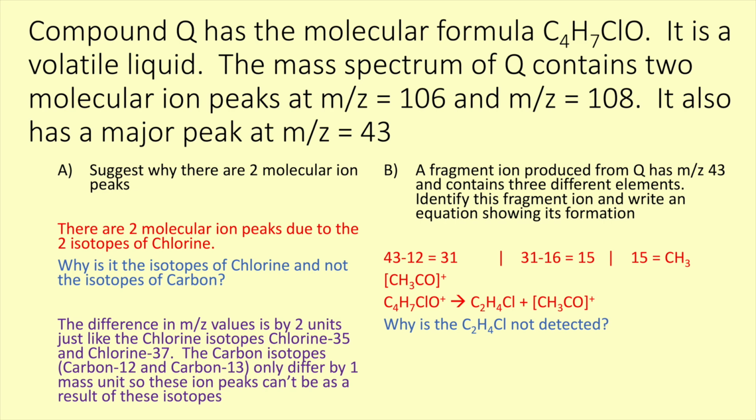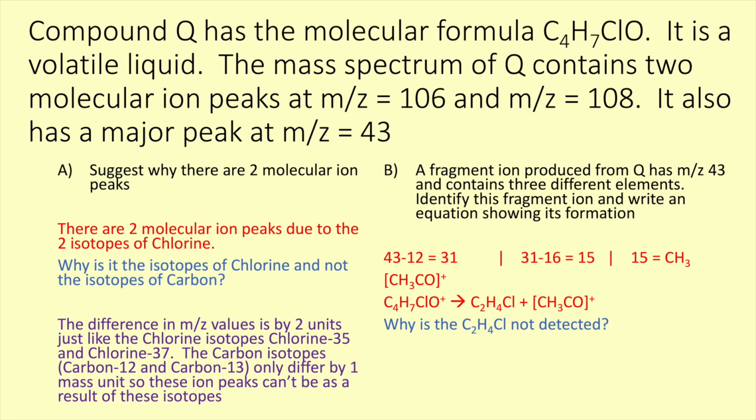So 106 to 108, we have to go up by 2 units. And that's the same difference as there is for our chlorine isotopes, so going from 35 to 37, whereas our carbon isotopes, carbon 12 and carbon 13, only differ by 1 mass unit.